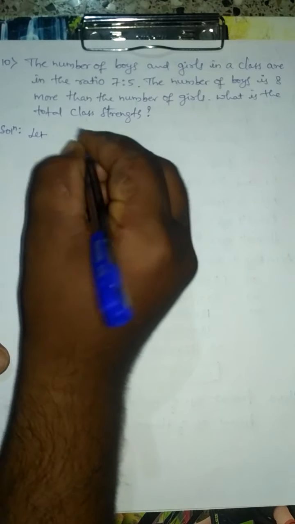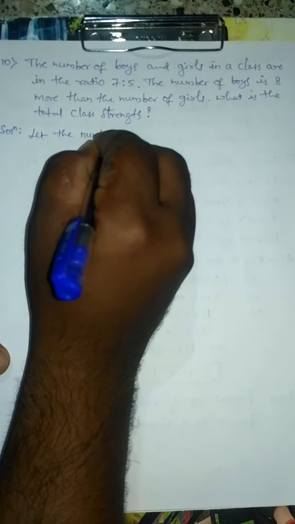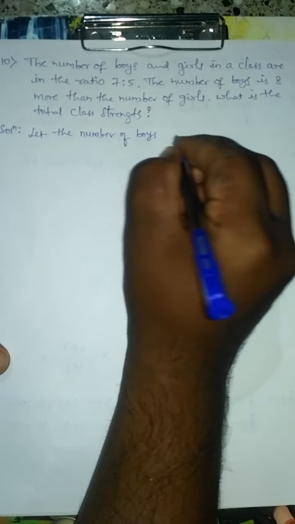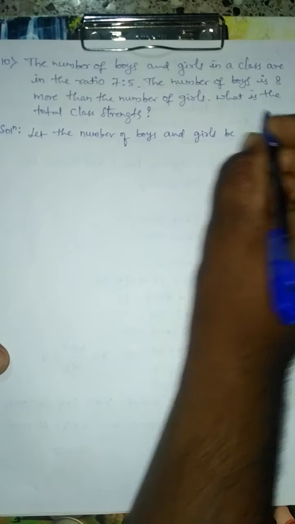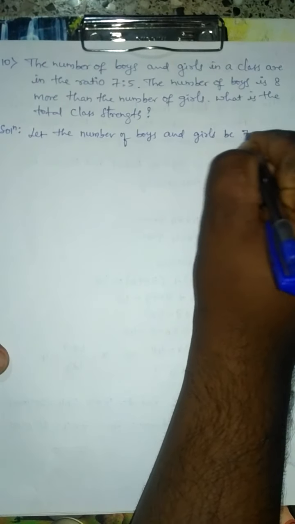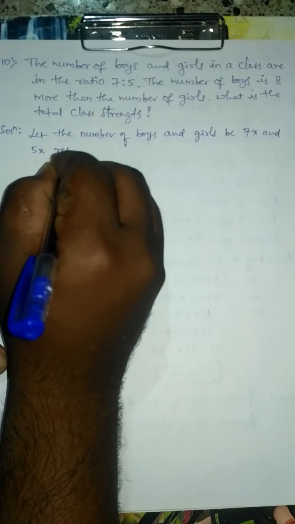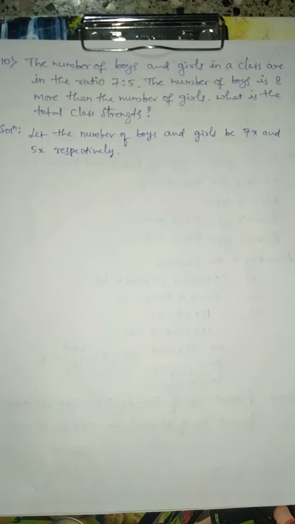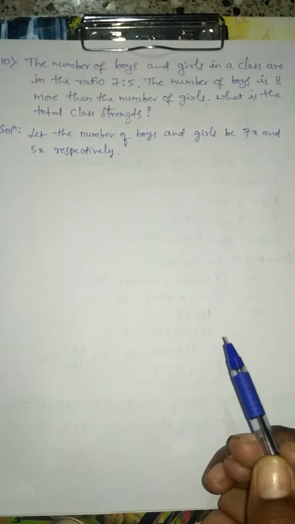Let the number of boys and girls be, here ratio form is there, so we have to take 7x and 5x respectively. But what our condition says, number of boys are 8 more than the number of girls.